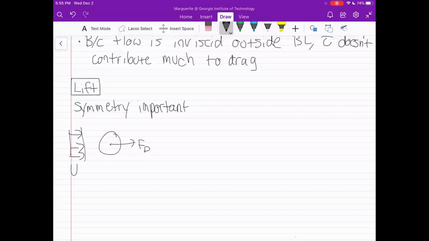So what about the lift? This will be acting in the y direction, as we know. I just told you symmetry is important. So again, one more time to the poll: do you think there will be a lift force on this symmetrical body?